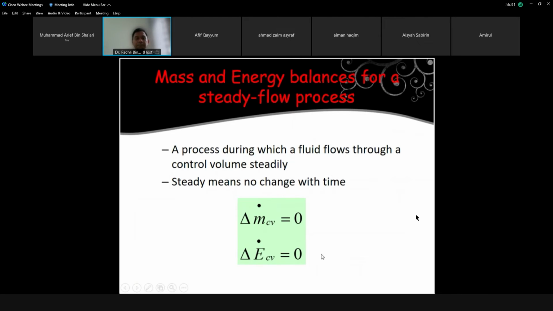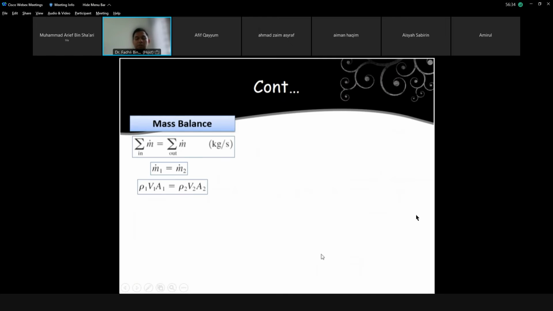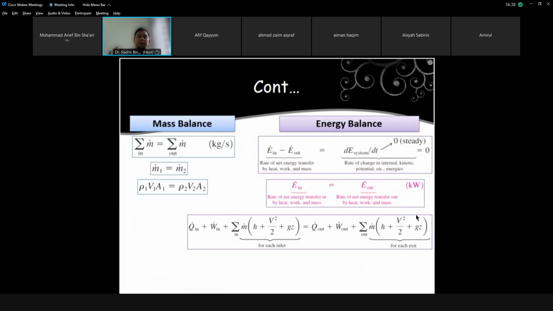Okay. So, as a conclusion, in open system, basically they have two equations that we need to consider. The first one is mass balance, second is energy balance. Mass balance tadi yang kita belajar lah. Okay, this one. And energy balance this one. E dot in minus E dot out equal to delta E system over delta t.